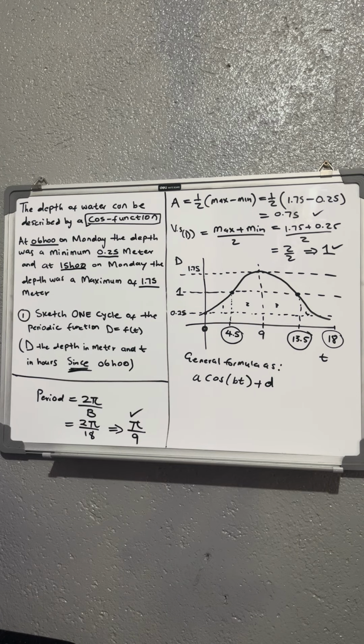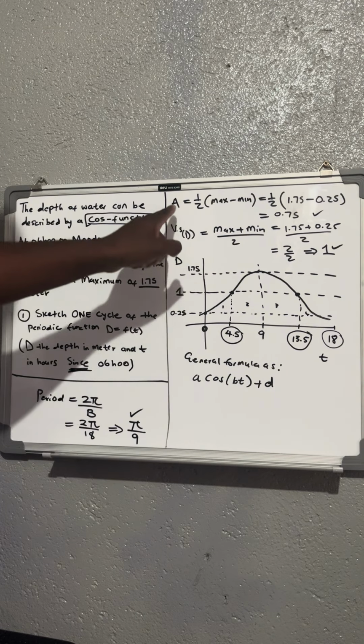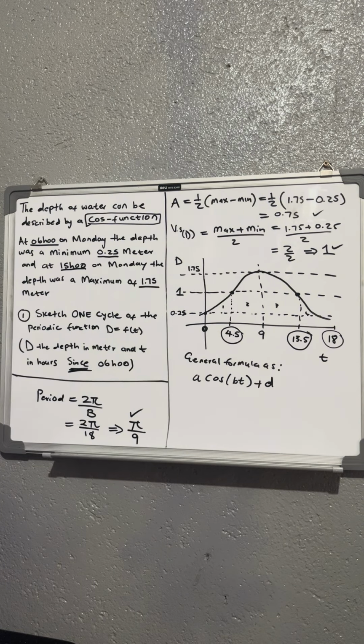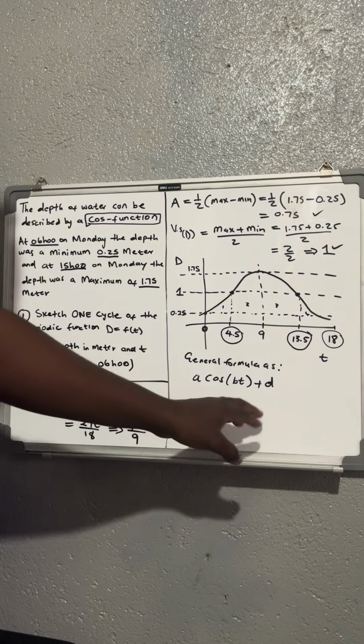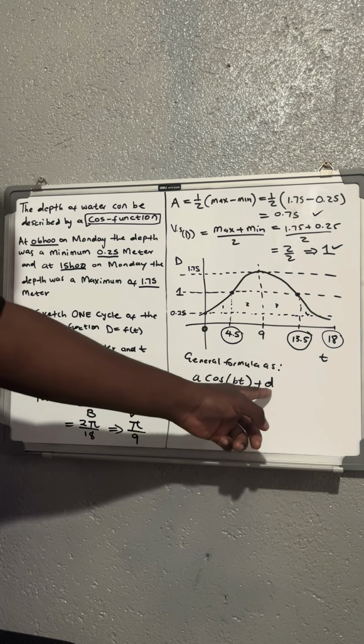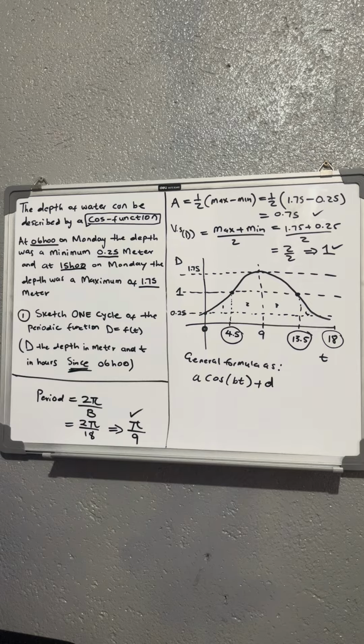So the d is for what? The d would be for our vertical shift. Then the a would be what? The a would be the amplitude. But you'll see sometimes other lectures put this d in the middle. You would still have the same formula, but it'll just be a little bit different, you see.